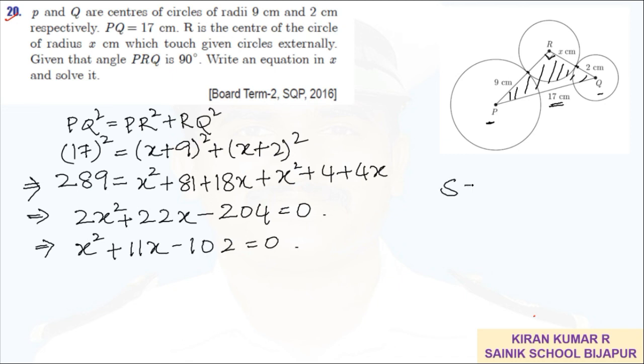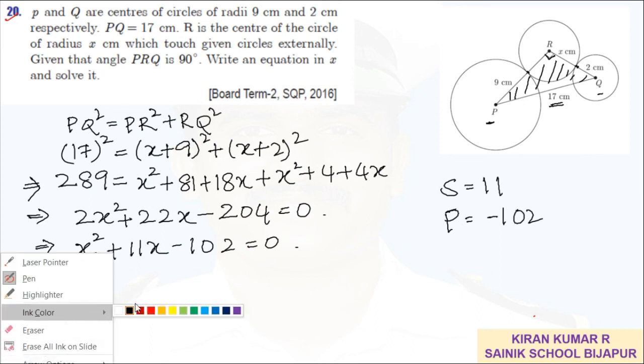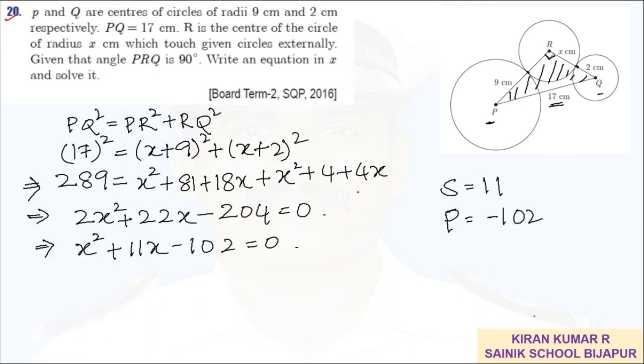Now the sum you have to get as positive 11 and the product you have to get as negative 102. Which two numbers will give the product and the sum as 11 and minus 102? Let me divide and check it. Let me not take a chance.